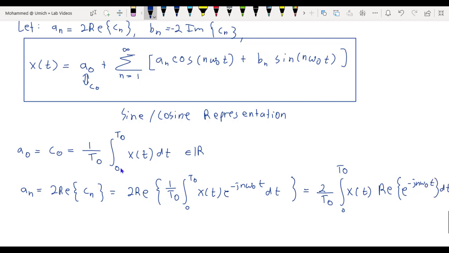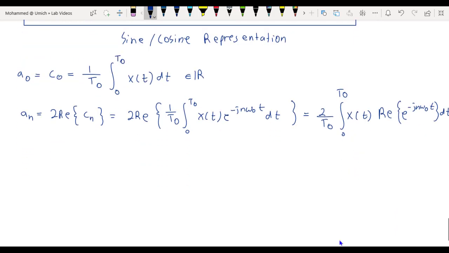And since e to the minus j n omega naught t is cosine of n omega naught t minus j sine of n omega naught t by Euler's identity, these coefficients an evaluate to an equals 2 over t naught times the integral from 0 to t naught of x of t cosine of n omega naught t dt.